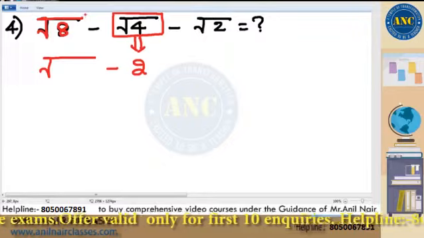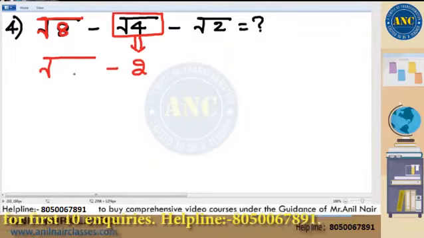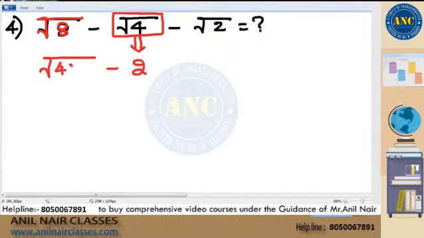If it is cube root, try to express inside as a perfect cube, and so on. That means 8 can be written as 4 into 2. Sir, why 4 into 2? Why not 8 into 1? Because 4 is nothing but a perfect square. Square root of 4 can be taken outside as 2, and remaining root 2 will remain.